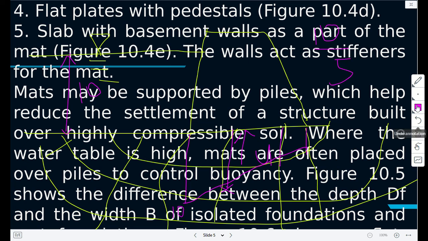So to get the head at point A, this is point A, B, C, and D. The head at point A would be 10 minus, there's only one flow net there, so 1 times 10 over 5.